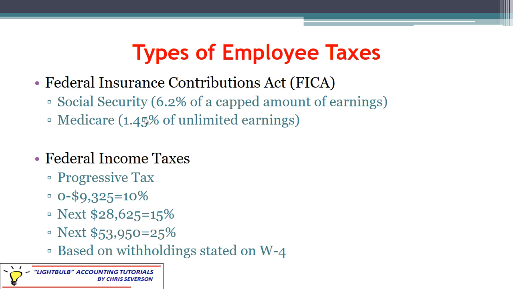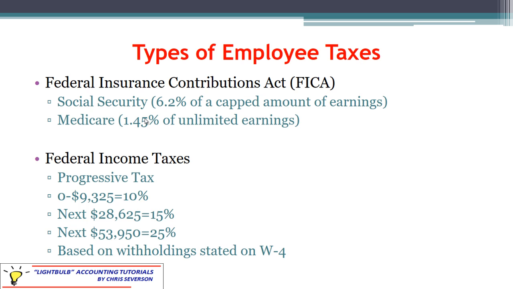So, for example, currently the brackets are set that $0 through $9,325 per year is taxed at a 10% rate. Now, it's progressive, which means that as soon as you make $1 over $9,325, that last dollar is going to be taxed at the next bracket, 15%.